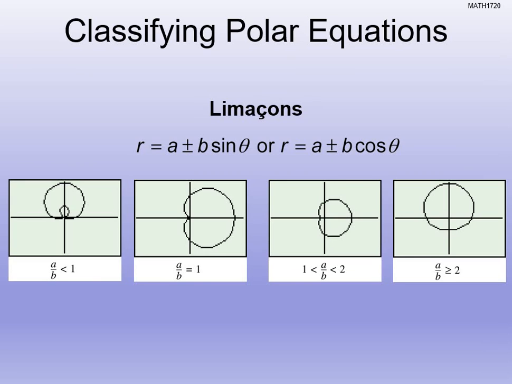If the ratio of a over b is 1, we get the cardioid. And if a over b is between 1 and 2, you can see what's going on. And then what happens if a over b is greater than 2? Why do we talk about 1 and 2 and things like that? It has to do with the domain and range of cosine and sine.